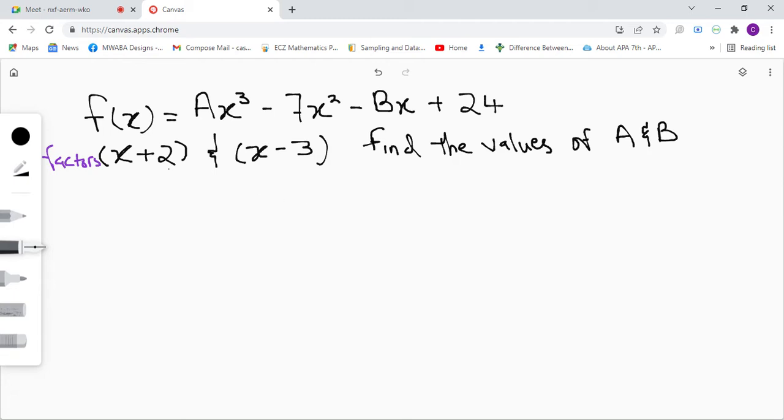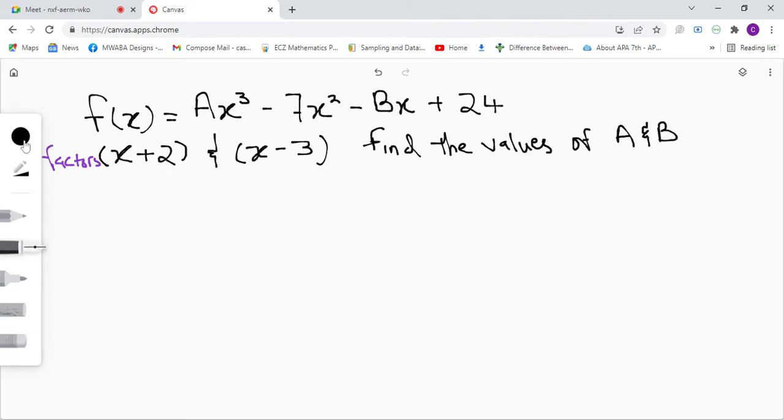Since x plus 2 and x minus 3 are factors, we're going to equate f of x, this polynomial, to 0. First we're going to work with the first factor, x plus 2.